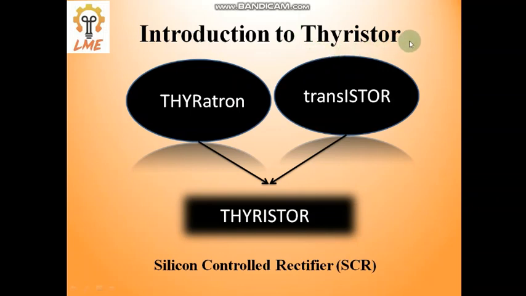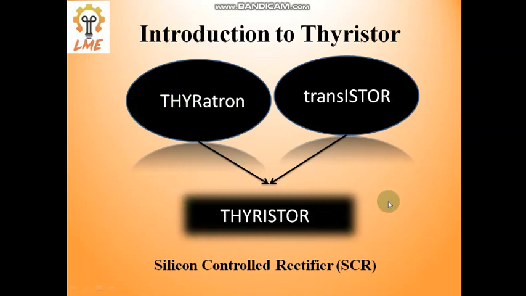So let's check what is the Thyristor, the introduction part. Where the name Thyristor comes from, we have to know first before the discussion about the Thyristor. This name came from the Thyratron, another device, and transistor, another device. The THYR came from the Thyratron, and the ISTOR comes from the transistor, and both of these combine to create the name Thyristor.